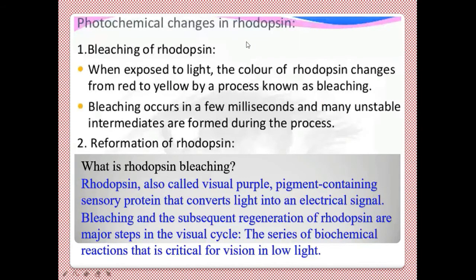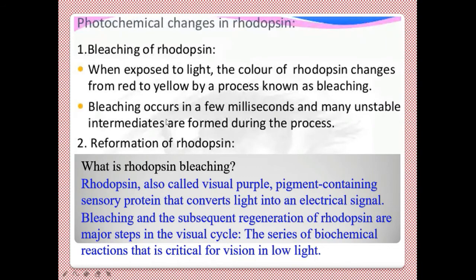Bleaching of the rhodopsin first takes place. When exposed to light, the color of rhodopsin changes from red to yellow, since it is reddish-purple in color. This process is called photobleaching, or bleaching of rhodopsin.